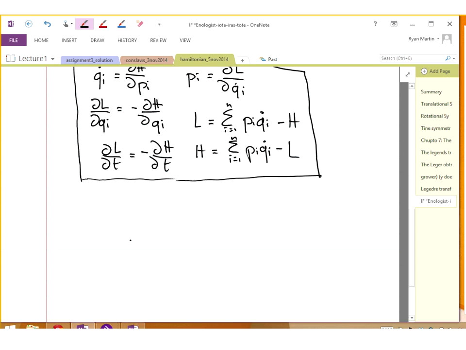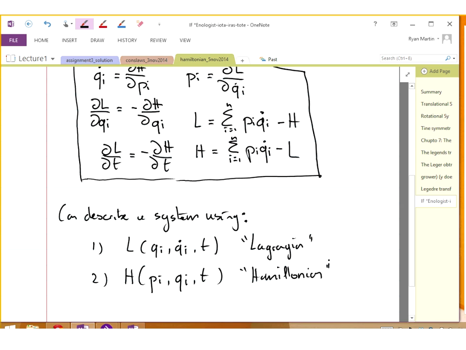So we can describe a system using either a function L of q_i, q_i dot, and t, or the Hamiltonian, which depends on p_i, q_i, and t. So this is, of course, the Lagrangian. This is the Hamiltonian.